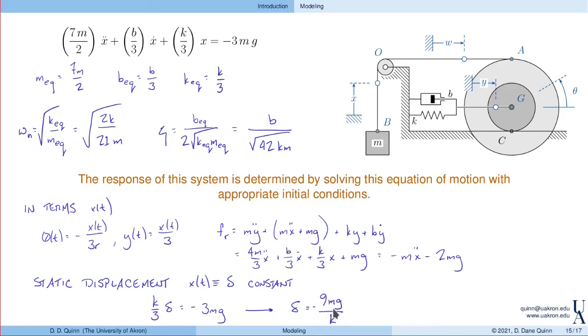Notice it's 9 times what it would be if we just attached the spring to this block, right? And that has to do a lot with the kinematics of the disk and the system as a whole. So really, we have modeled this very complicated system in a very logical and organized way.